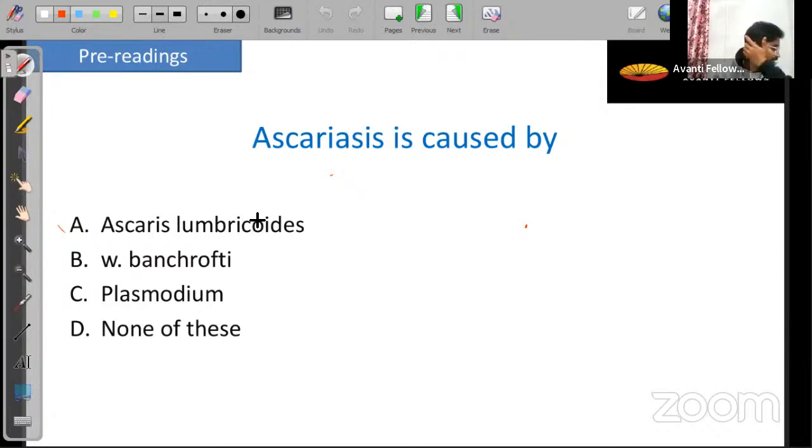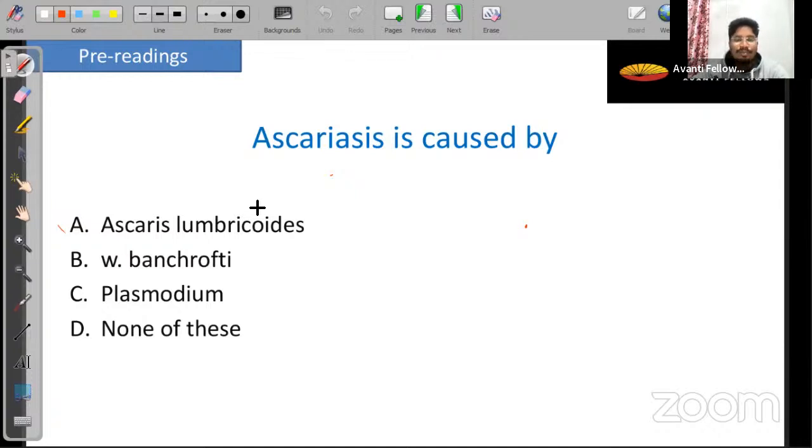Now, my next question is about this particular ascariasis. When ascariasis affects our body, which particular part of our body is generally affected, and which age group of people are generally affected by ascariasis?